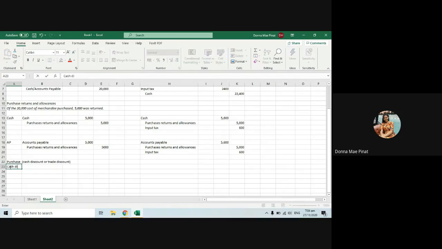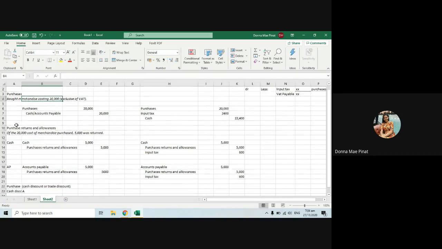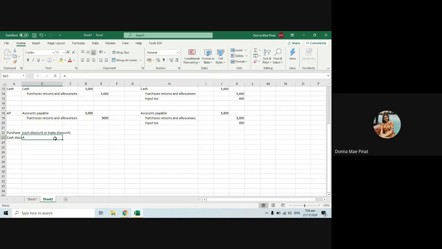The problem is, just an example, that purchase of 20,000 above, a discount of 2% was given upon payment. Just a sample. So this is a cash discount.